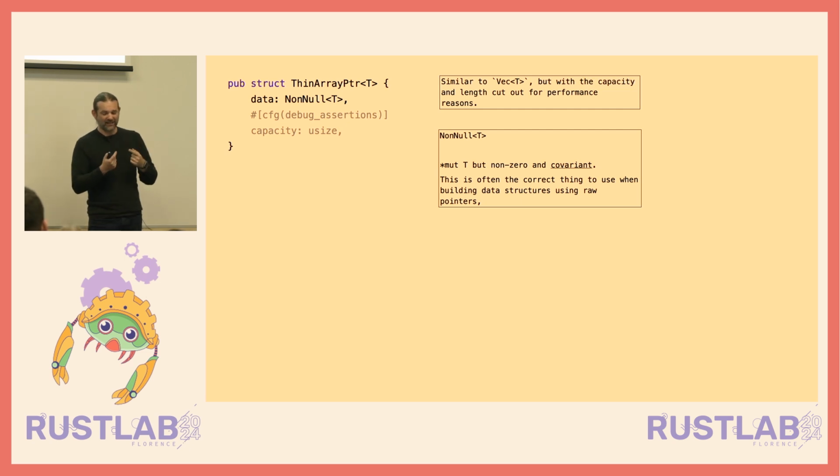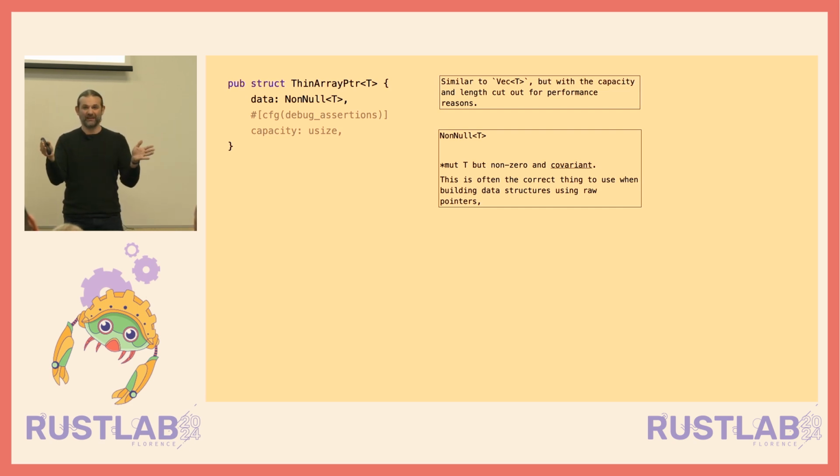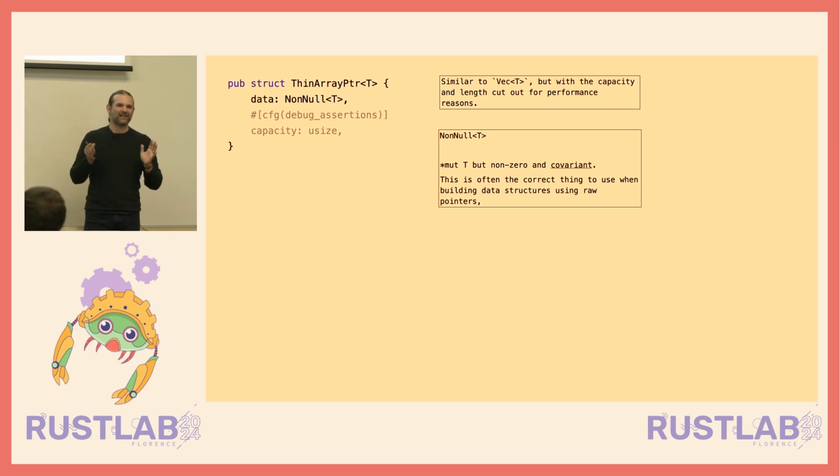And the documentation says that it is non-zero and covariant. Non-zero means that there's actually some memory underneath that pointer. It's not non-zero in the way that a zero value is not allowed, but it's non-zero in a way that it has some length to it. There are bytes underneath. And it's covariant, which means that, I mean, covariance is a topic in type systems that makes for its own talk.